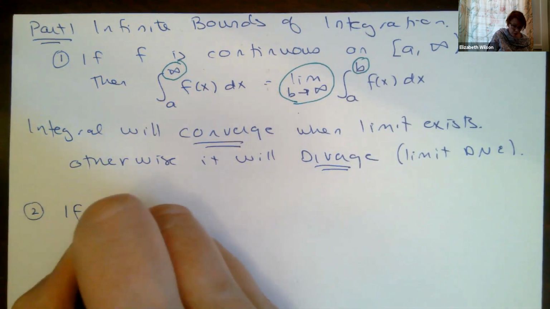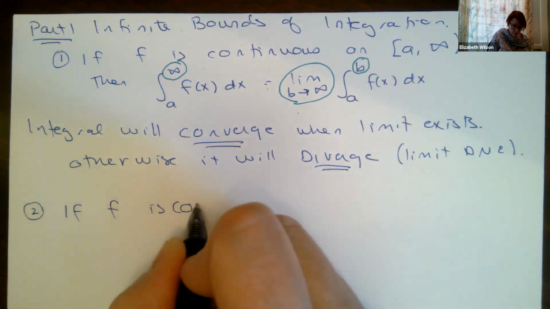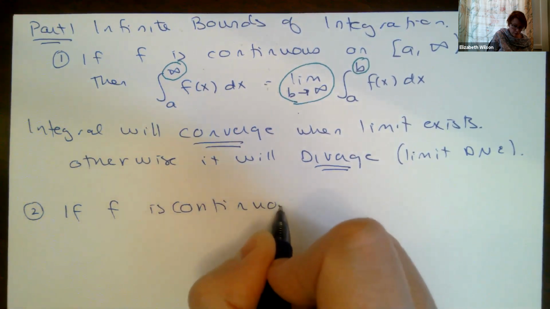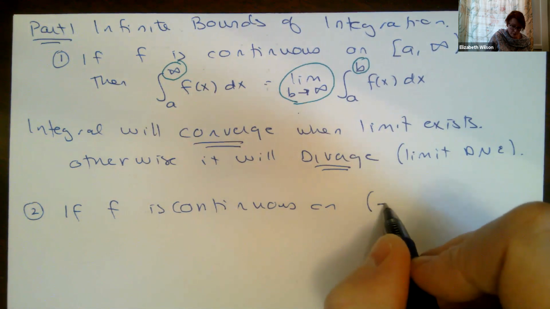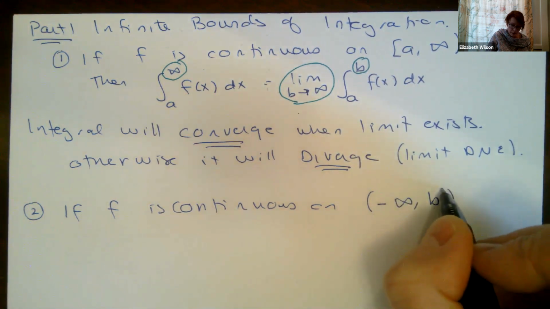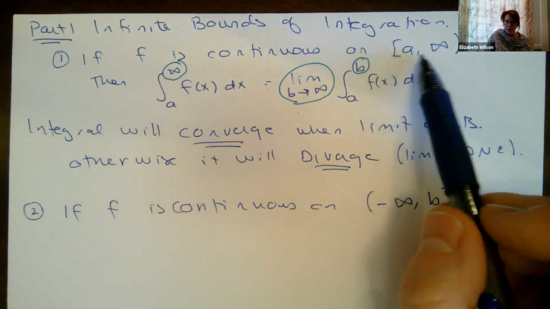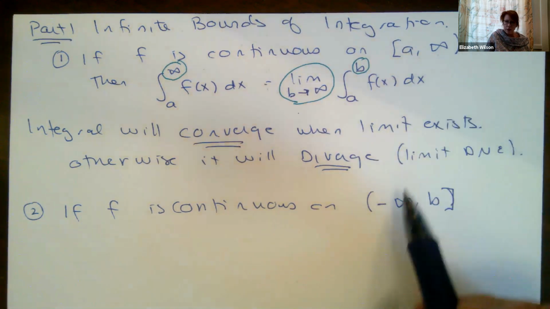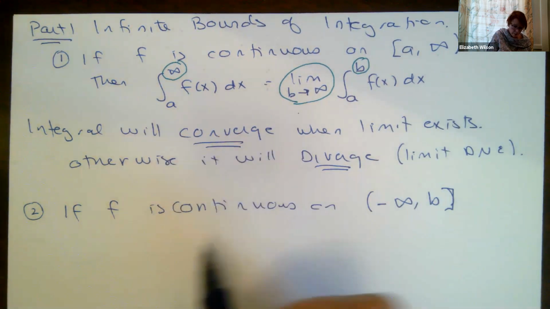If our function is continuous, now watch this, I'm going to go from minus infinity to b. So before my infinity was in the upper bound, now I'm going to start at the lower bound. So it's the same process here.